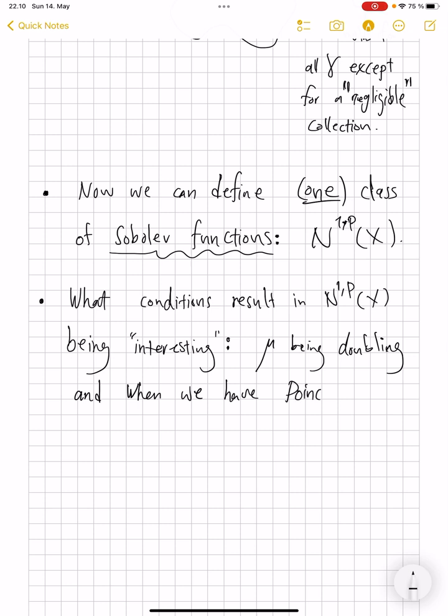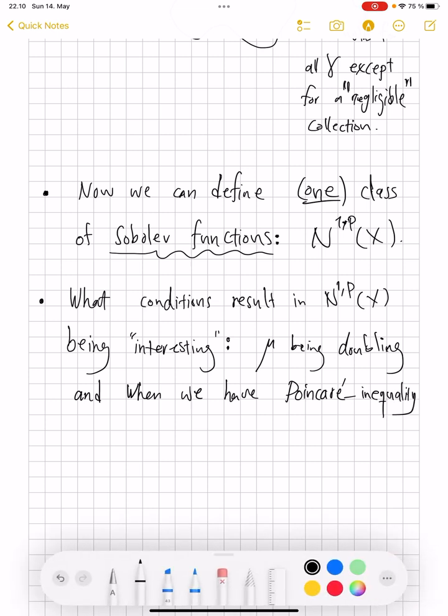So these are the key notions that if you assume, then the space that you construct, this Newtonian space, will be an interesting class of functions.